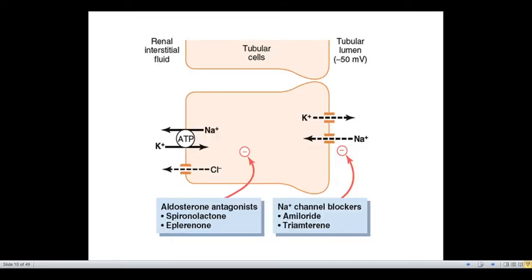This figure shows the mechanism of sodium chloride reabsorption and potassium secretion in the principal cells of the late distal tubule and cortical collecting tubules. Sodium enters the cell through special channels and is transported out of the cell by the sodium-potassium pump.